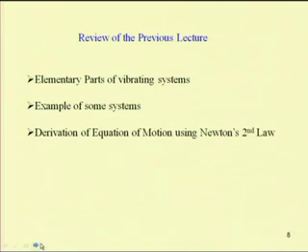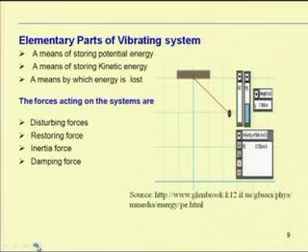elementary parts of vibrating systems, then examples of some systems, and then derivation of equation of motion using Newton's second law. If you briefly review these systems, you know that the elementary part of the vibrating systems contains this disturbing force.